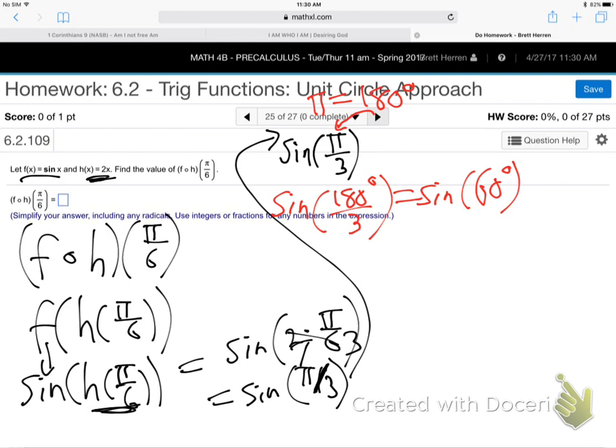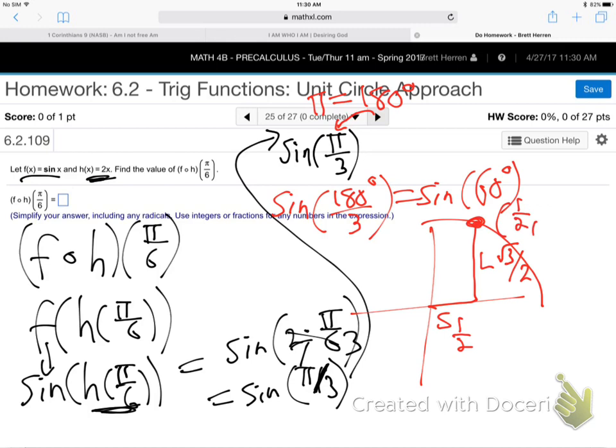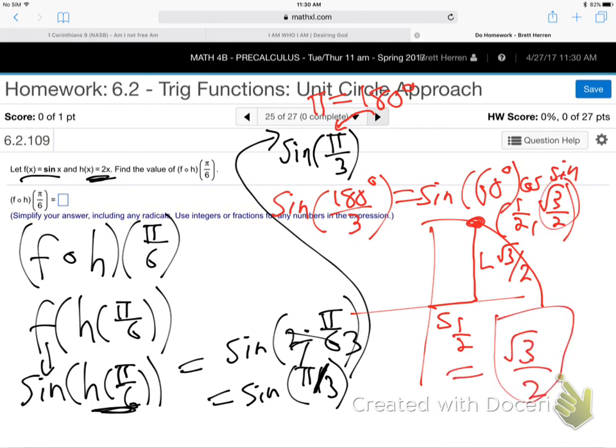So we know how to do that. Go to the unit circle. 60 degrees is up here, right around there. It's over small, up large, over a half, up root 3 over 2. Sine is the what? Cosine is the x. Sine is the y. Grab the y value. Root 3 over 2.